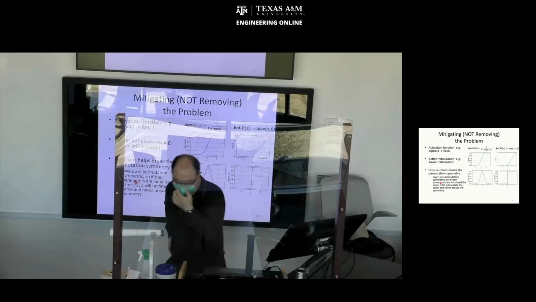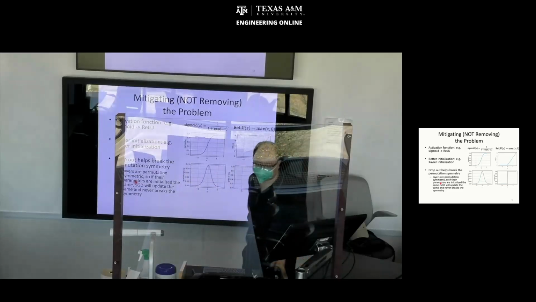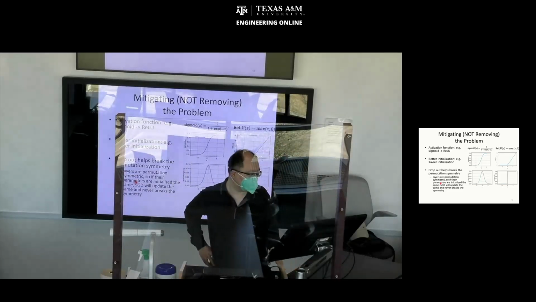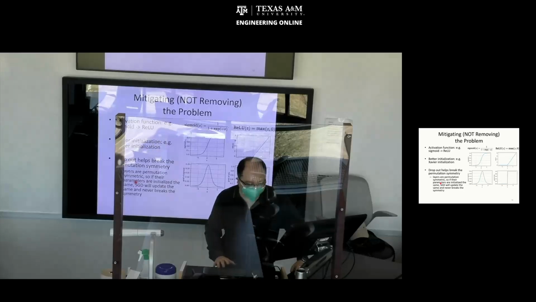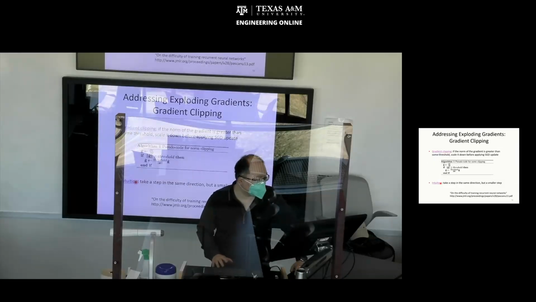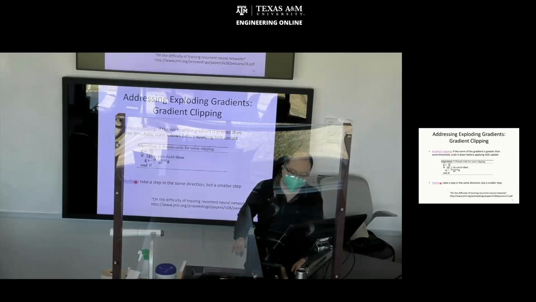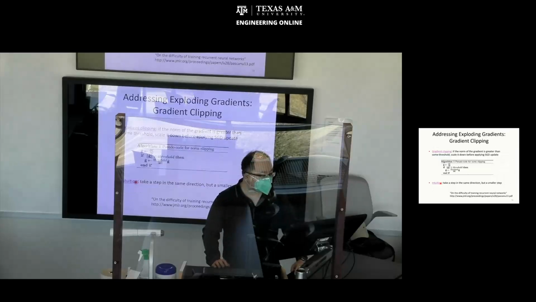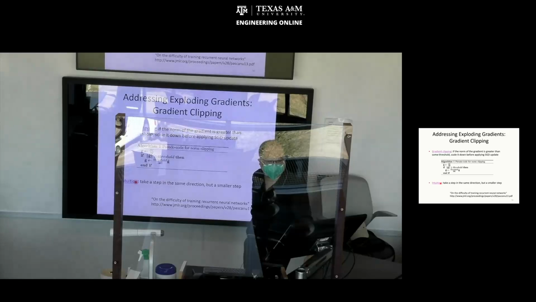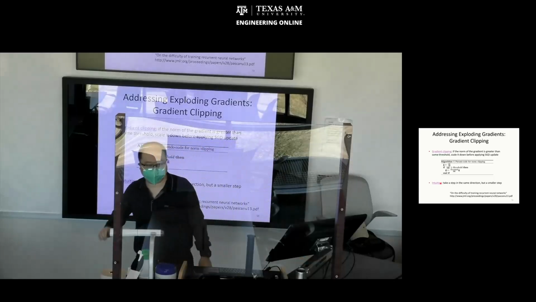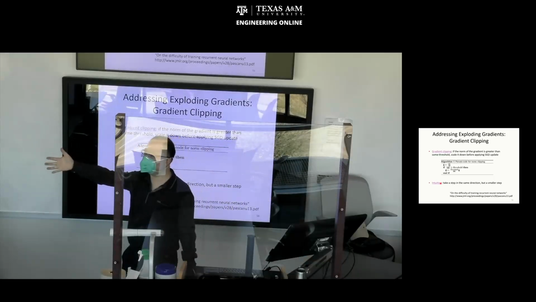A lot of the empirical recipes are just known, and a few of them have some explanation. But these are just mitigating. If you want to address the gradient explosion issue, if you have the exploding gradient, one of the easiest ways is, like in the optimization, if you're going too far, you project back.